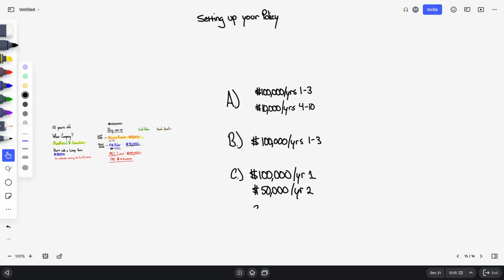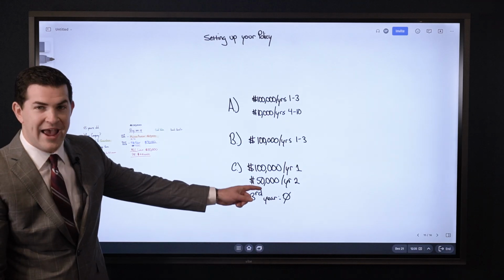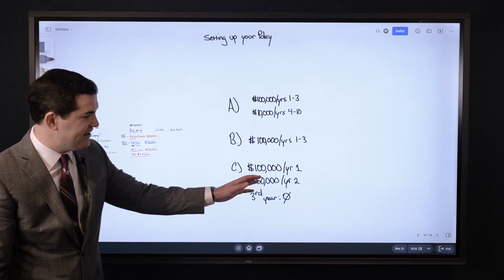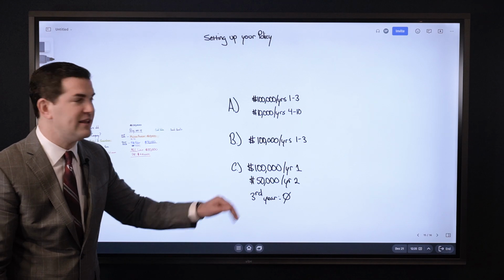And then beginning the 3rd year, she pays 0. She only gets half of the lump sum she was planning on getting into the policy. She gets that in over years 1 and 2, and then nothing thereafter.